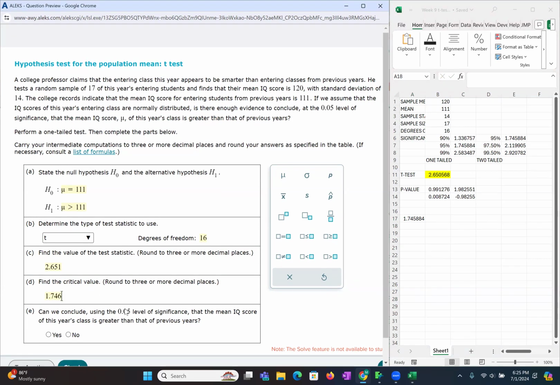And if the p-value is less than the alpha, p is less than alpha, we're going to reject the null. What do you think? Yes.